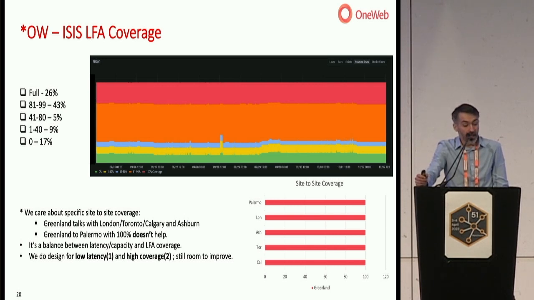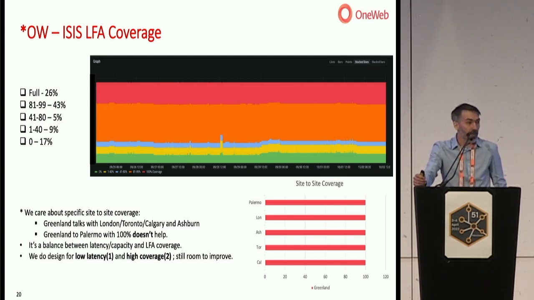An example would be Greenland. For the system to function, it needs to talk with London, Toronto, Calgary, and Ashburn, the sites that Nuuk talks with. It doesn't talk with Palermo, for example. So having 100% coverage to Palermo nodes from Greenland does not help. It just paints a good picture, but it's not something that will be used in real life anyway.